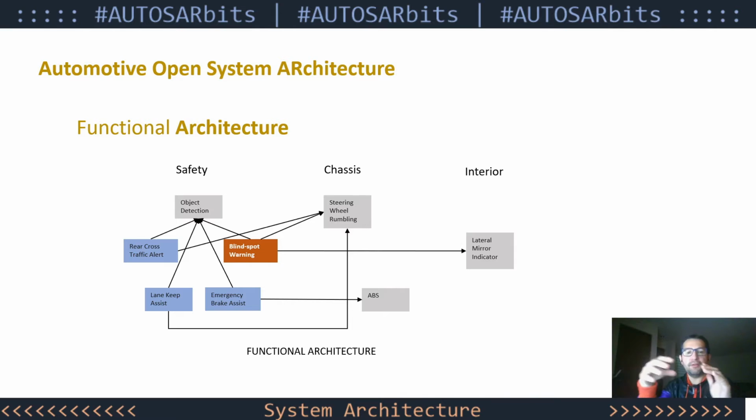There are some dependencies into the chassis domain or to the interior domain. That's what the functional architecture is. It's the first step in our design, and if we go from a top-down perspective, this will be the first step.